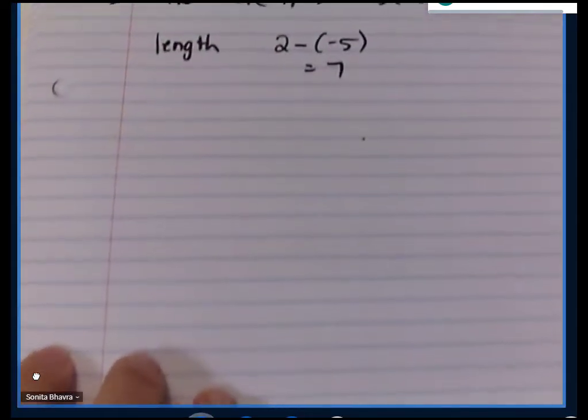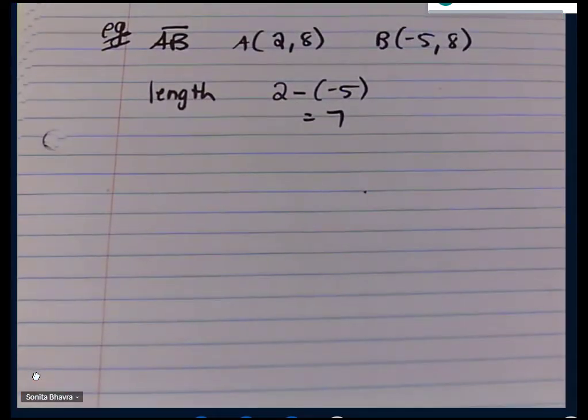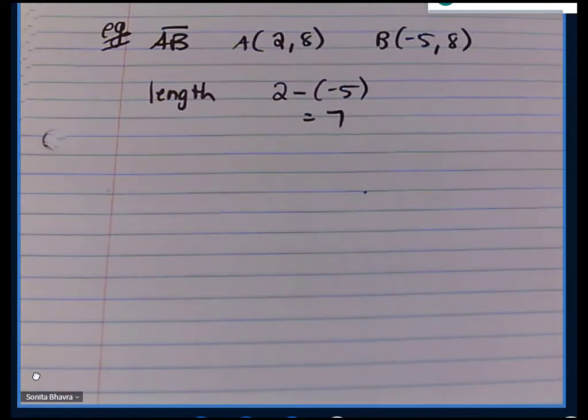All right, so that is a quick lesson on looking at line segments, and we looked at horizontal and vertical lines, but that's not always the case.